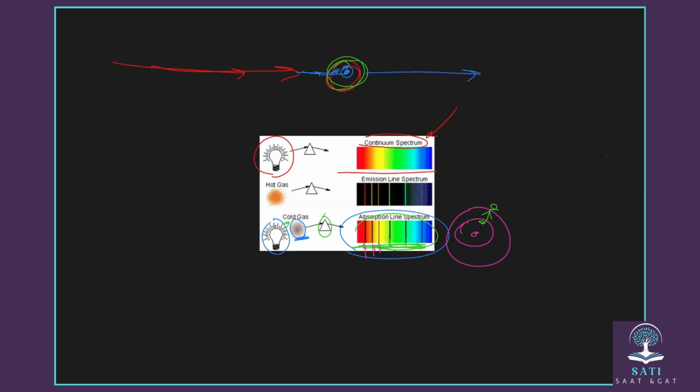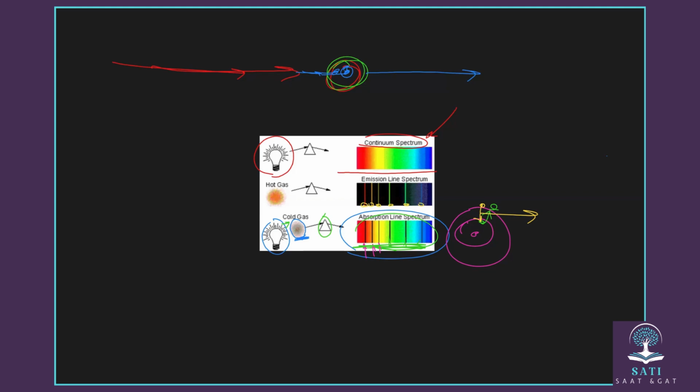What will happen then if these electrons move back to their original or ground state? In this case, they lose the energy. They lose energy as light. What light will they emit in this case? They will emit, as you see, exactly this spectrum.